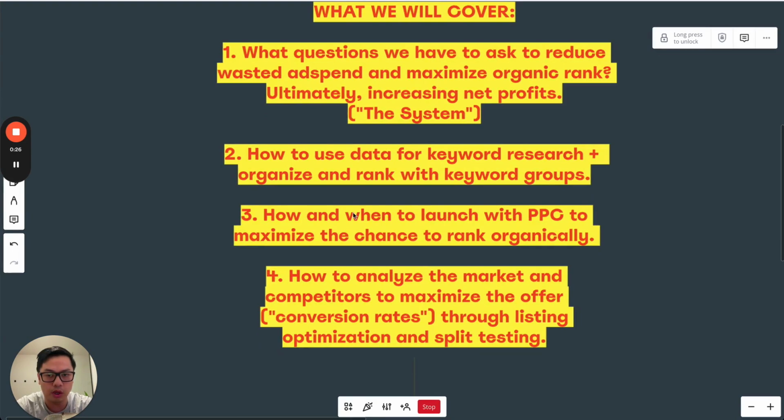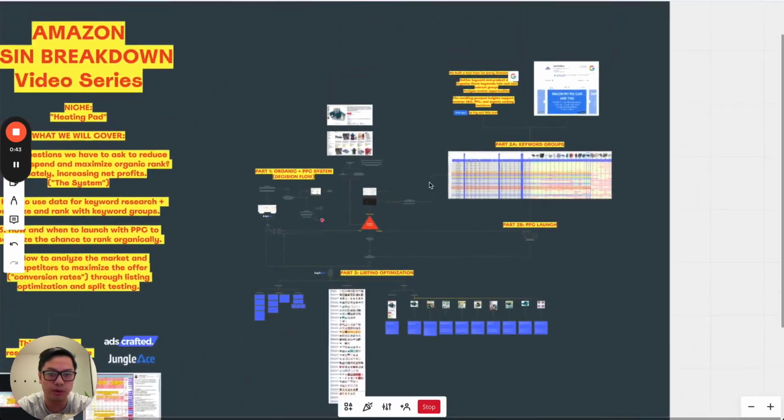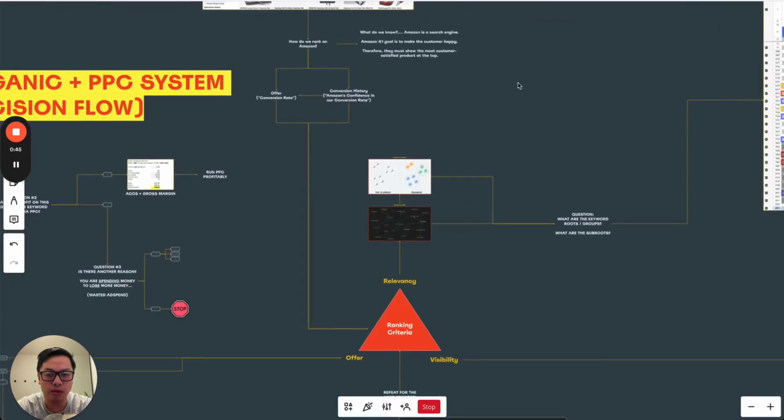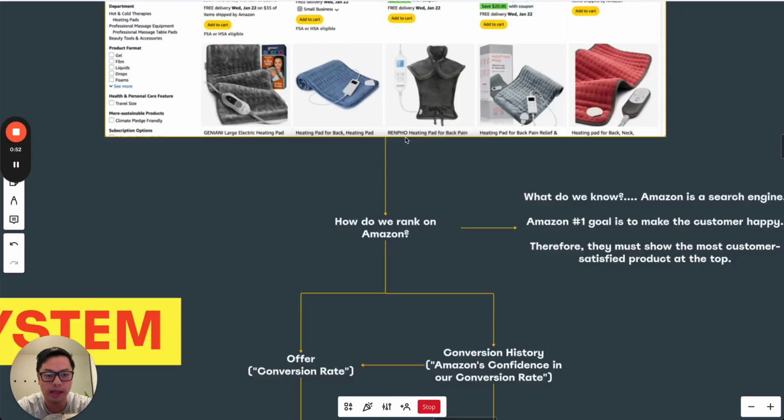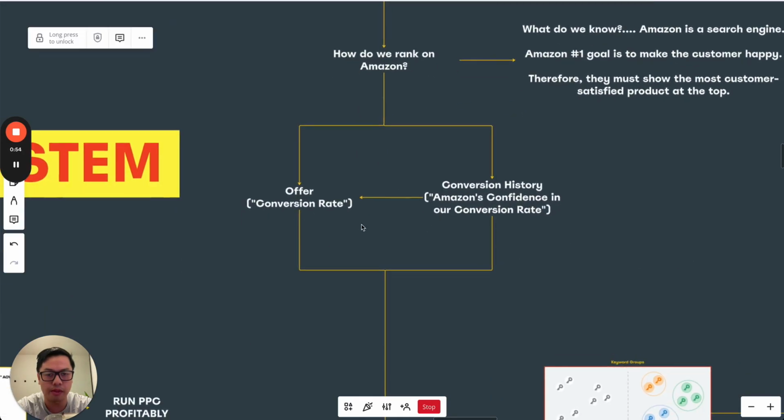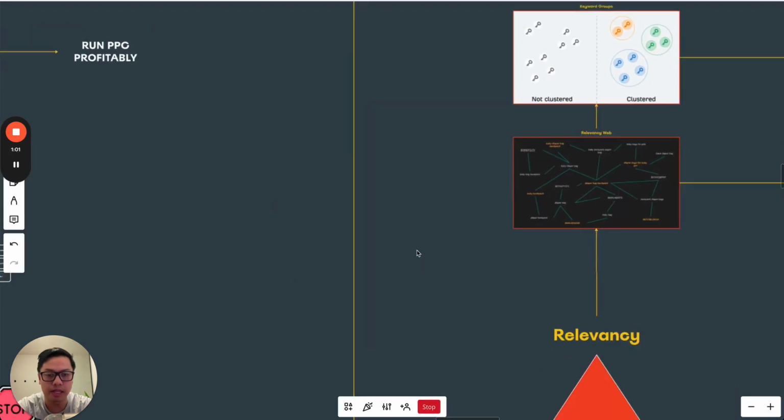In this video, we're going to go through how to perform keyword research, how to organize it, and then how to set up your pay-per-click campaigns so that you can maximize your chances of ranking organically. We also went through how to rank on Amazon, how to think about the search engine, and the workflow that we need to understand so that we can get those organic ranks that we want.